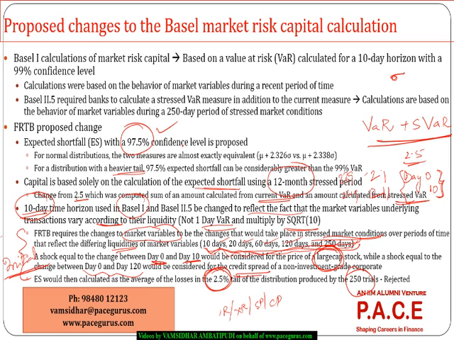So this was the method they produced, but it was rejected in 2014, and a slightly improvised approach came out. This approach is as simple as: look at the different instruments and break them into categories based on liquidity, a 10-day horizon, a 20-day, a 60-day, a 120-day and a 250-day.